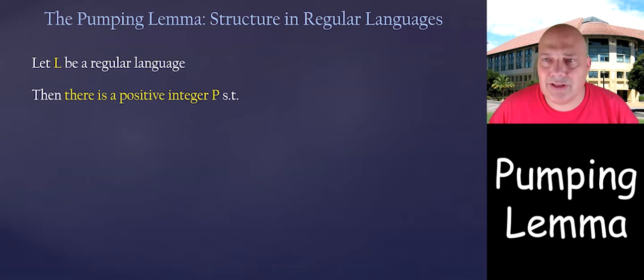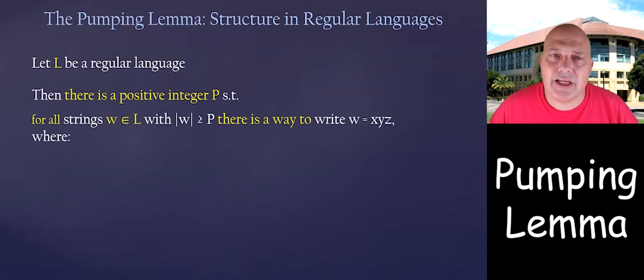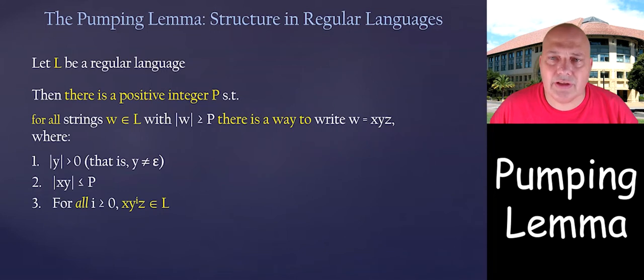And we'll see where this p comes from, such that for all strings W in the language that are long enough, so the length of W has to be at least p, there is a way to rewrite W as the concatenation of three strings, W is XYZ, with the following properties. First, Y is non-empty. The other parts can be empty, but Y is non-empty. Then the length of XY together is at most p.